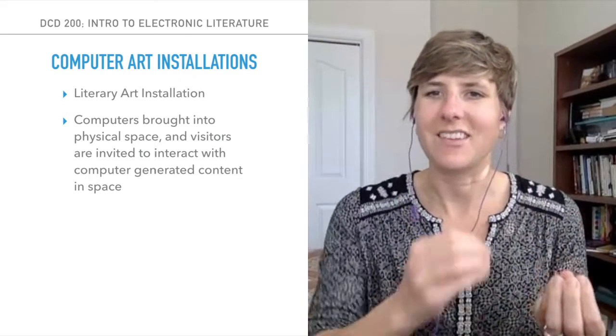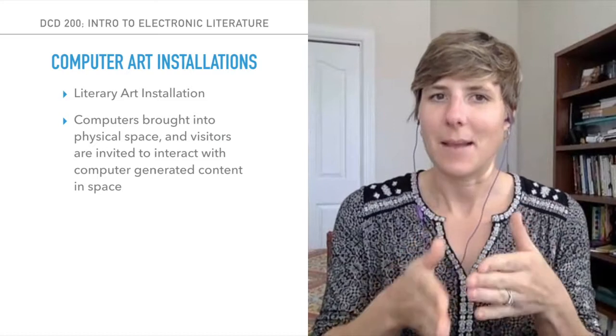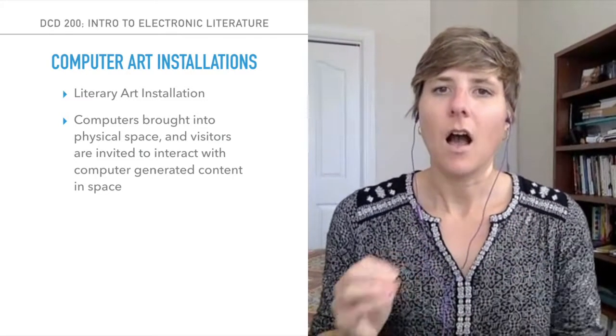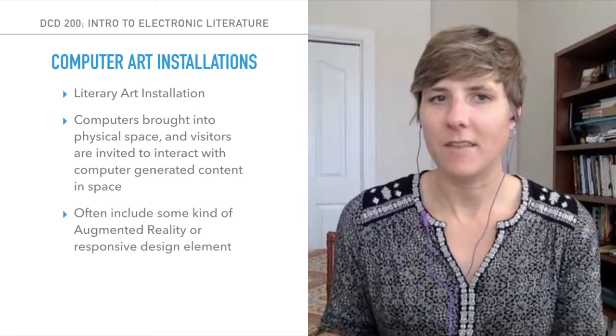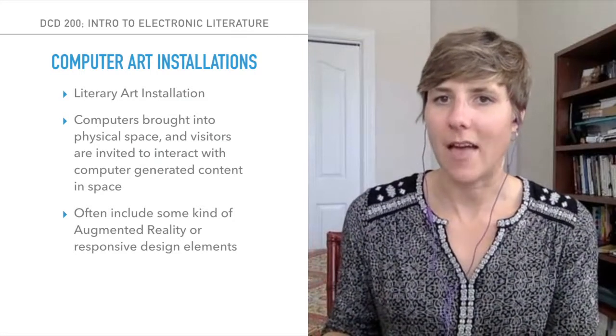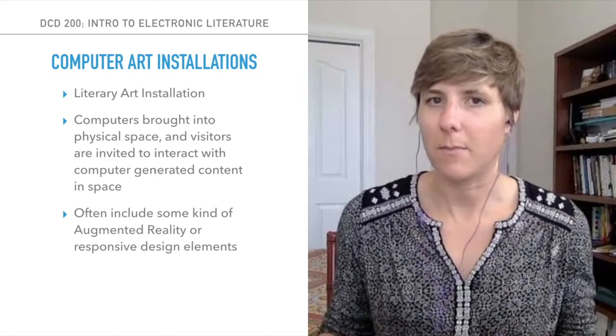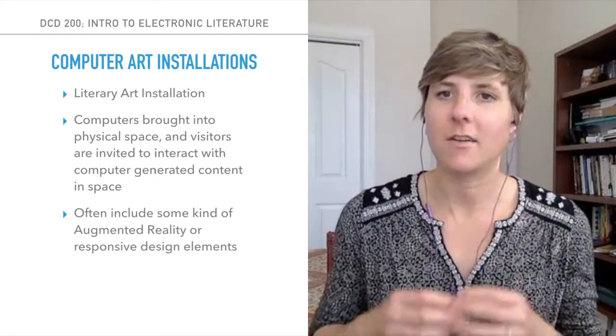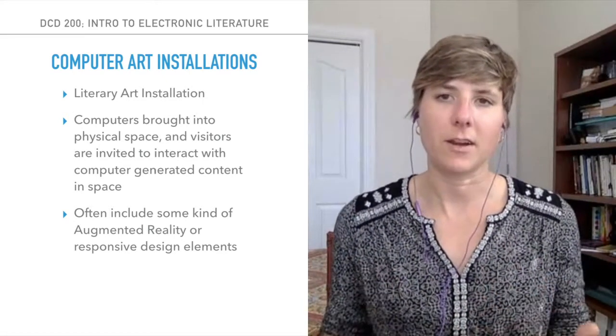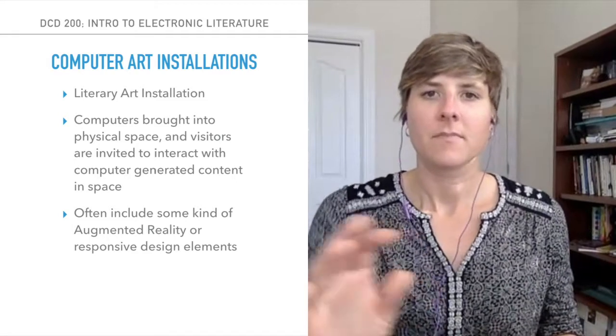So again, we kind of see this direct participant being brought in. Often these kinds of ELit have some kind of augmented reality element or some kind of computer-based content that responds to the presence of people, but we should know that that's not necessarily required. That's just a very frequent part of it.